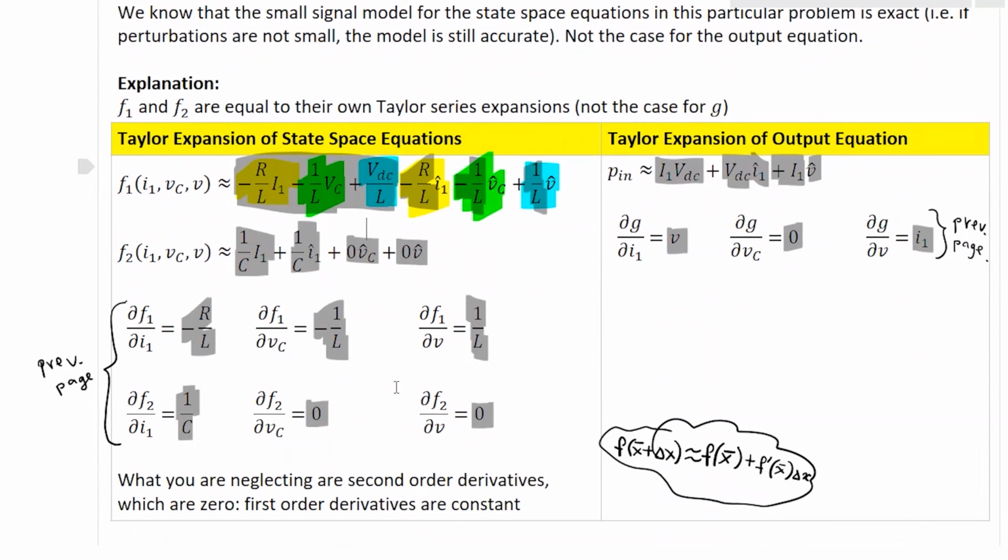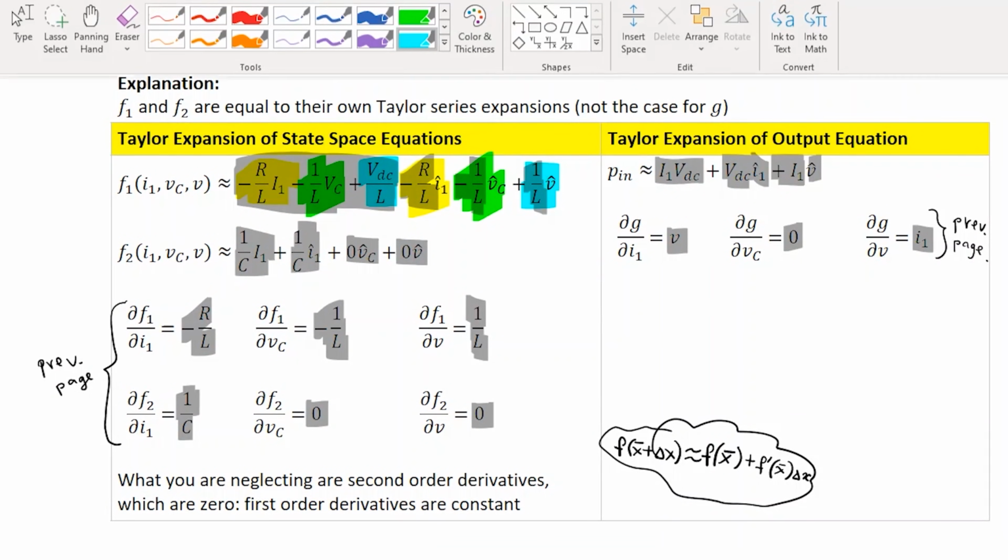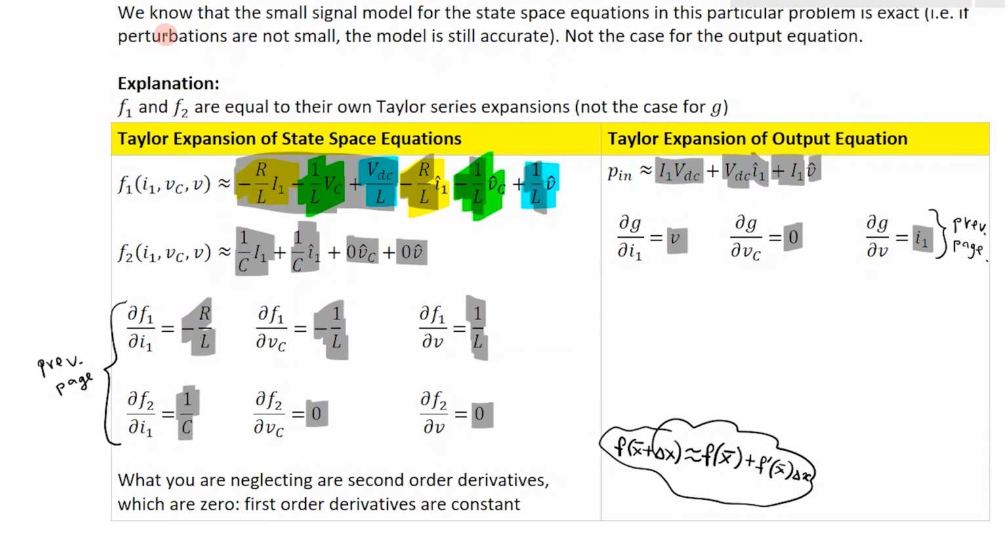So then for the state space equations, we can actually write exact equality. We don't need to write approximation. Now for the output equation, this was not the case, because here you see that this is equal to I1 times V plus VDC I hat 1.